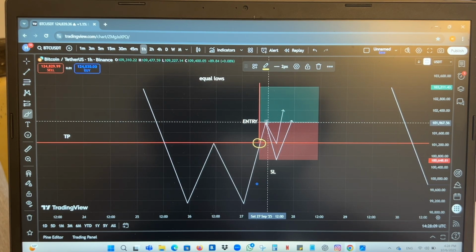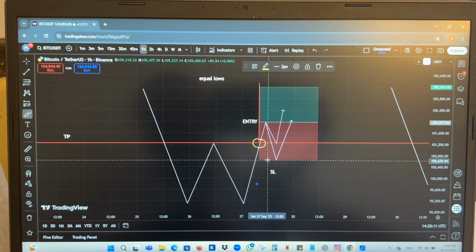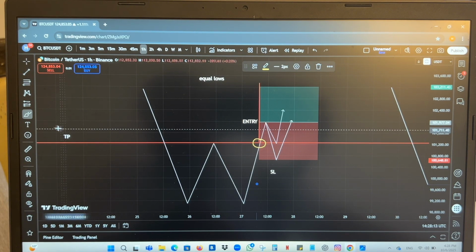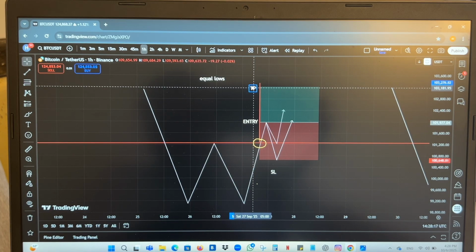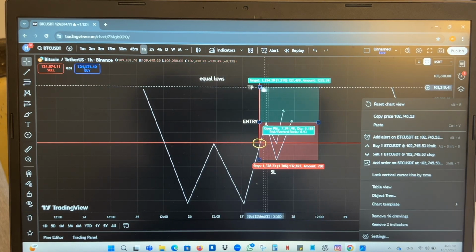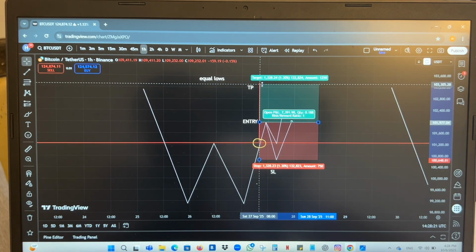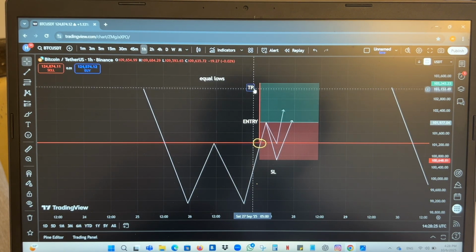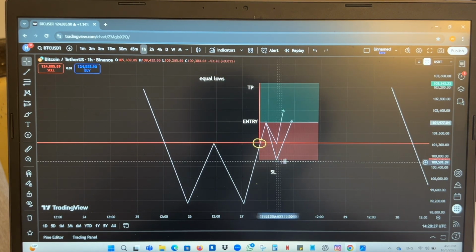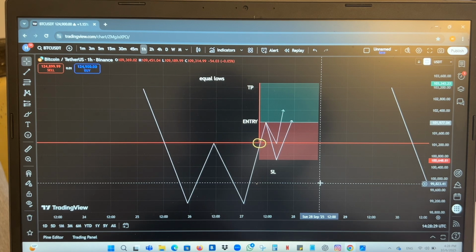So if we enter from here and the stop loss is going to be here, the TP is going to be here. Take the TP levels and drag it out until the end, and that's it. This is the TP, this is the entry, this is the SL. Always keep this in mind.